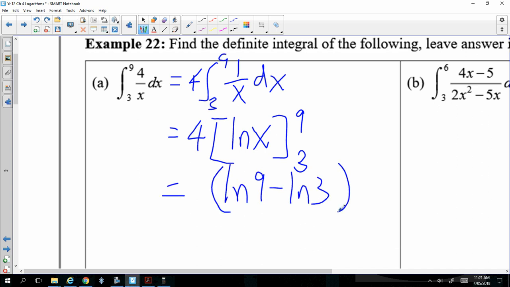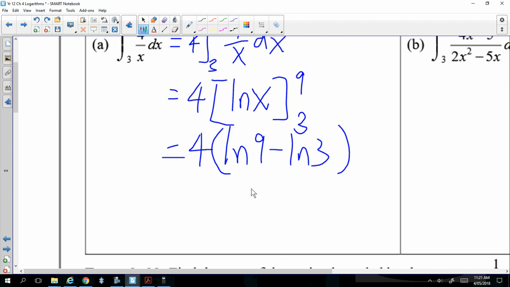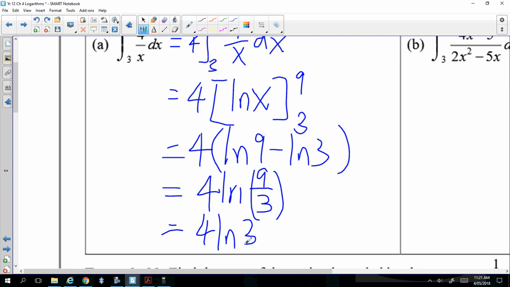Using log law, when you subtract, it's the same as divide, so ln 9 over 3. What's 9 over 3? 9 over 3 is 3. Like that. Alright, try the next one.